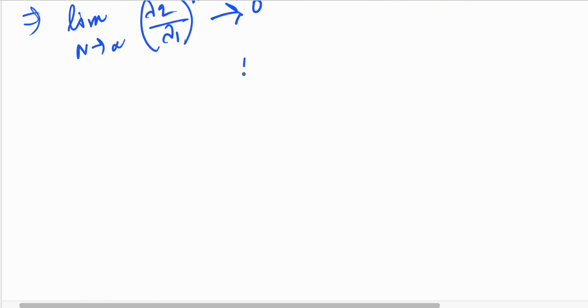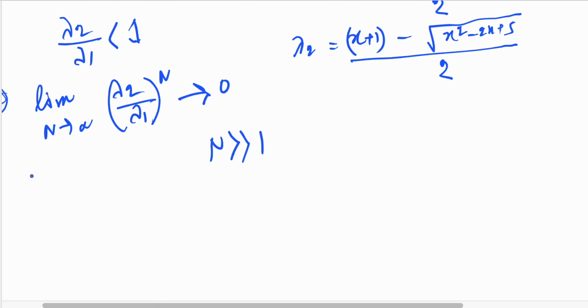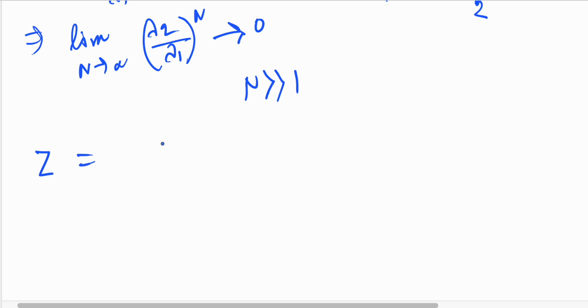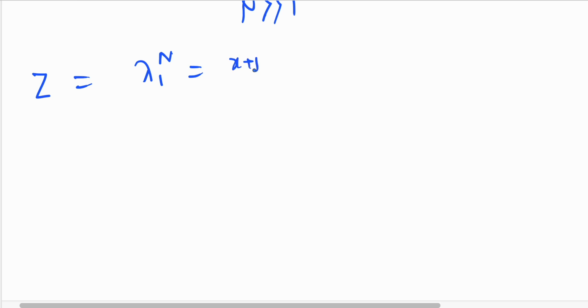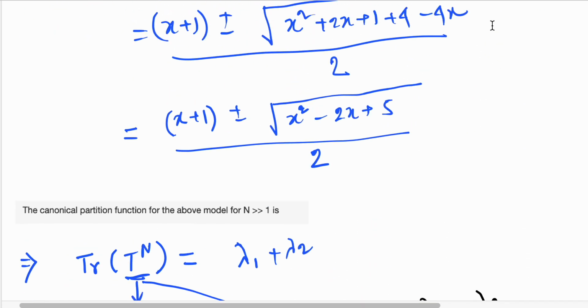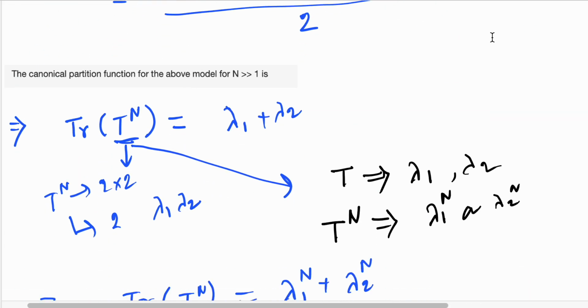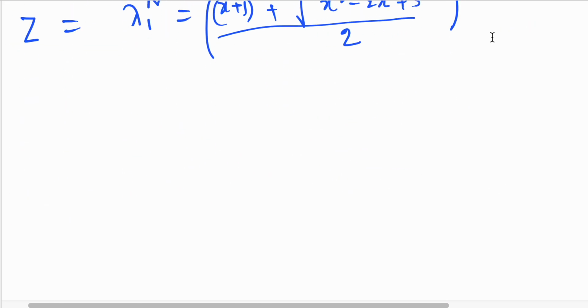That means for n much greater than 1, the partition function is nothing but lambda 1 to the power n, which is ((x plus 1) plus the square root of (x squared minus 2x plus 5), by 2) to the power n. So that is the answer to question number 2. Now let's bring question number 3, which is related to the previous question.